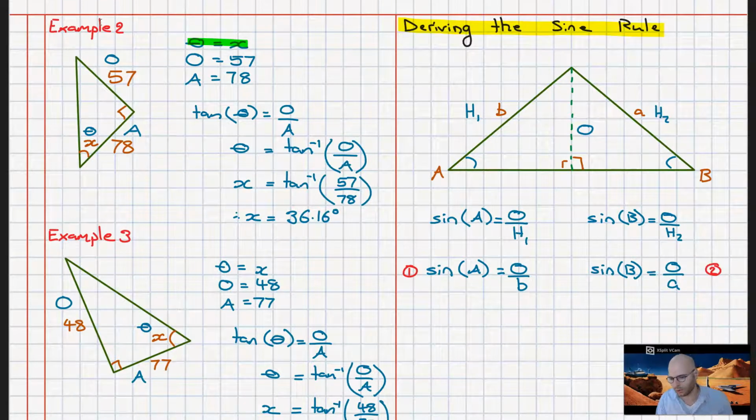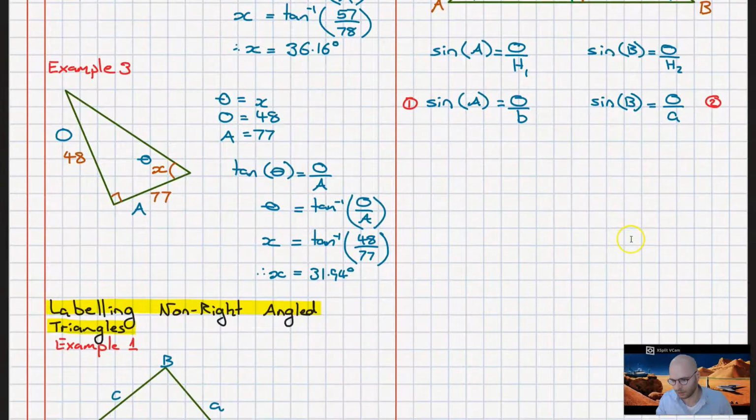Now what I'm going to do is rearrange both of these new equations such that they're in terms of the opposite.